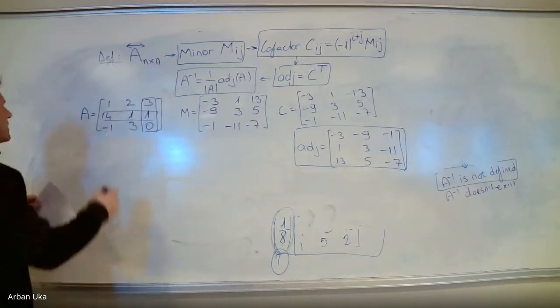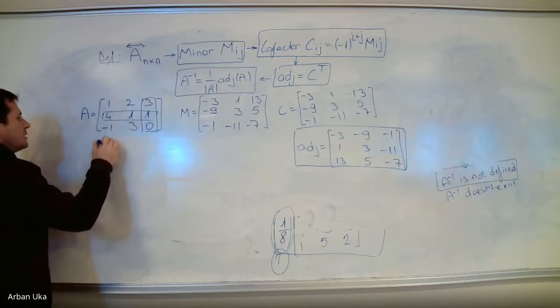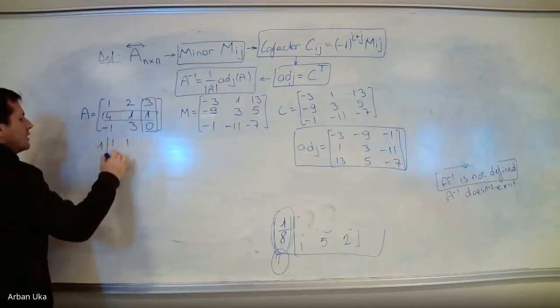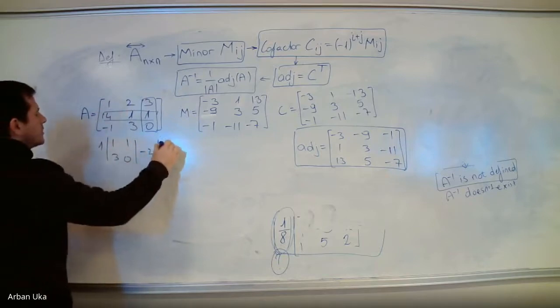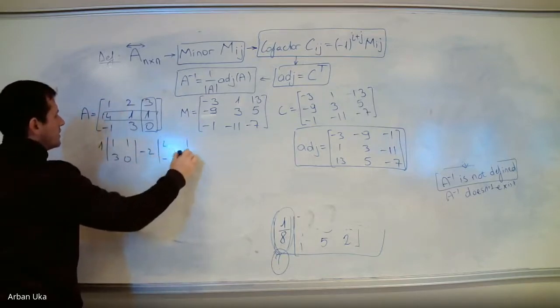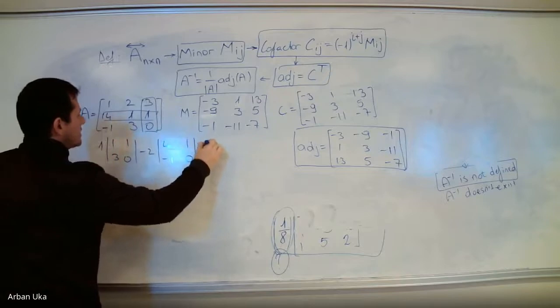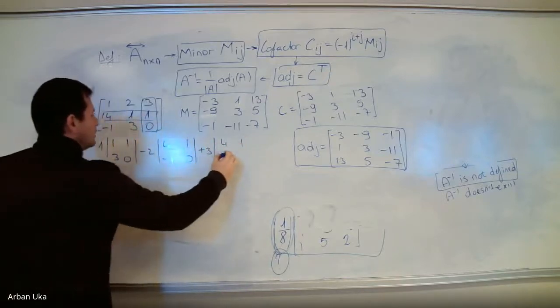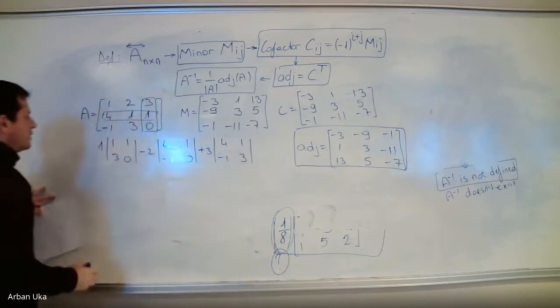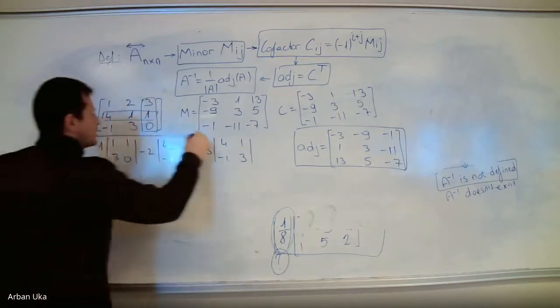The determinant of this matrix is going to be the following. 1 times the determinant of 1, 1, 3, 0, okay? Minus 2 times the determinant of 4, 1, minus 1, 0, plus 3 times the determinant of 4, 1, minus 1, 3. Okay, so let's separate this one for a moment.